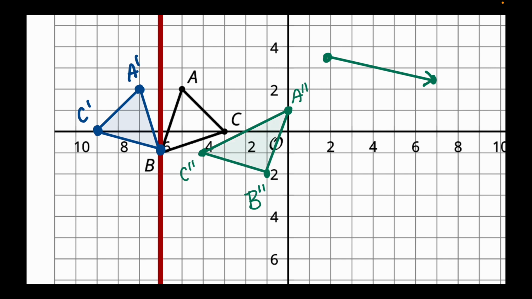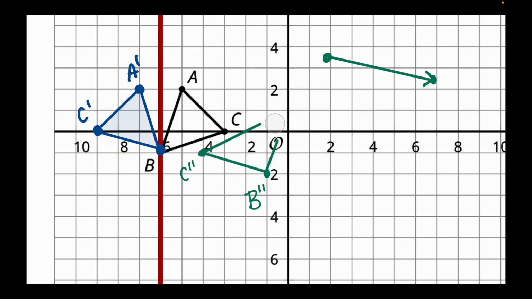Oh, and you might notice what I did. I did something wrong because my triangle doesn't look quite right. C and B look accurate based on this. They look like the same distance apart, but A is definitely out of place.